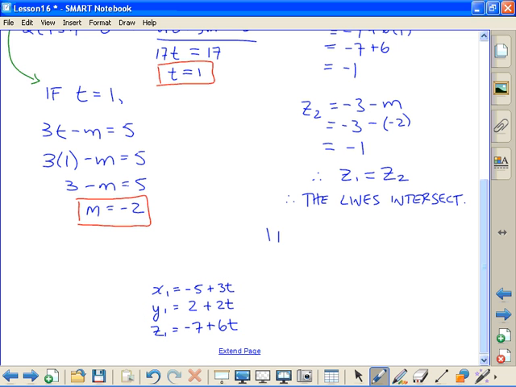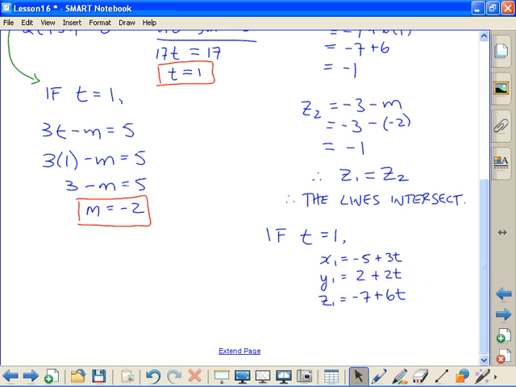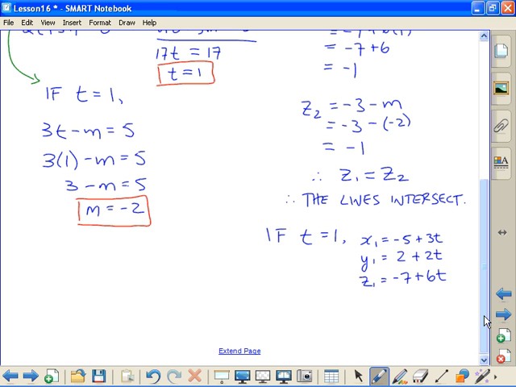So if t equals 1, and I have this expression right here, therefore the point of intersection, my x value will be -5 plus 3. My y value will be 2 plus 2, which is 4. My z value will be -7 plus 6, which gives me -1.